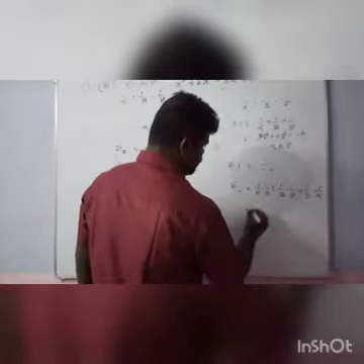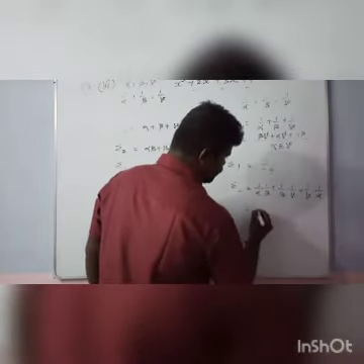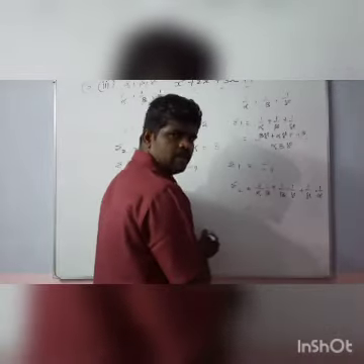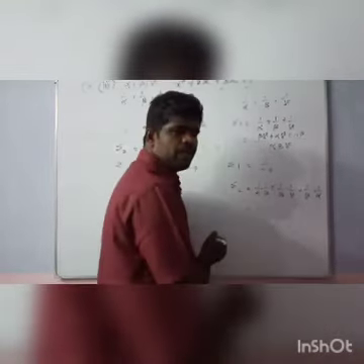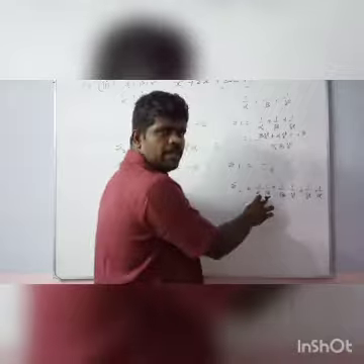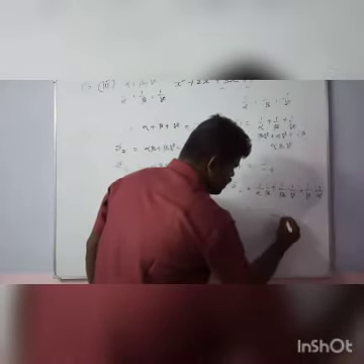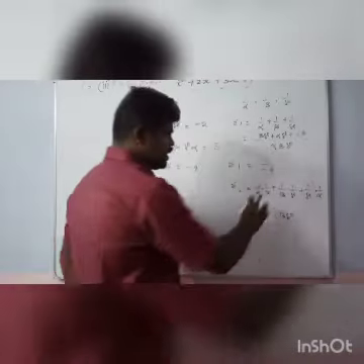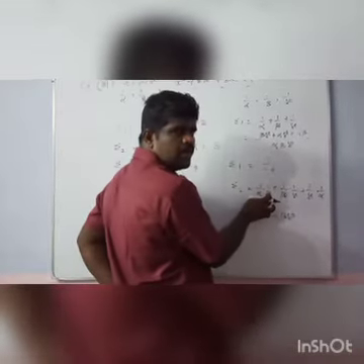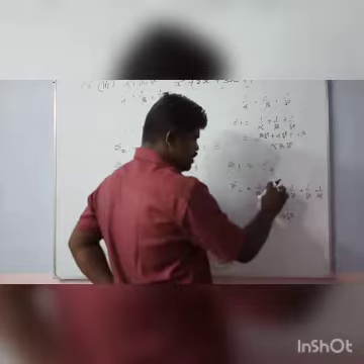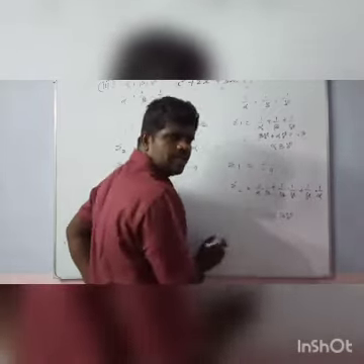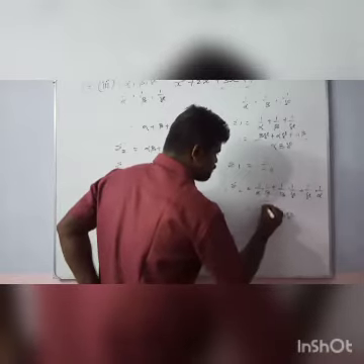Here alpha beta is there, so multiply gamma in numerator and denominator, so the common value is alpha beta gamma.